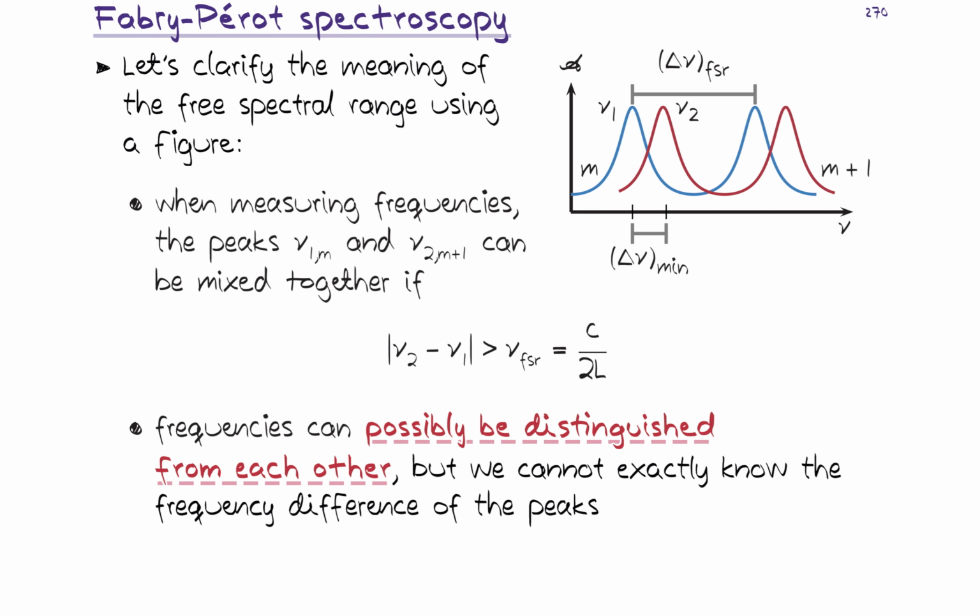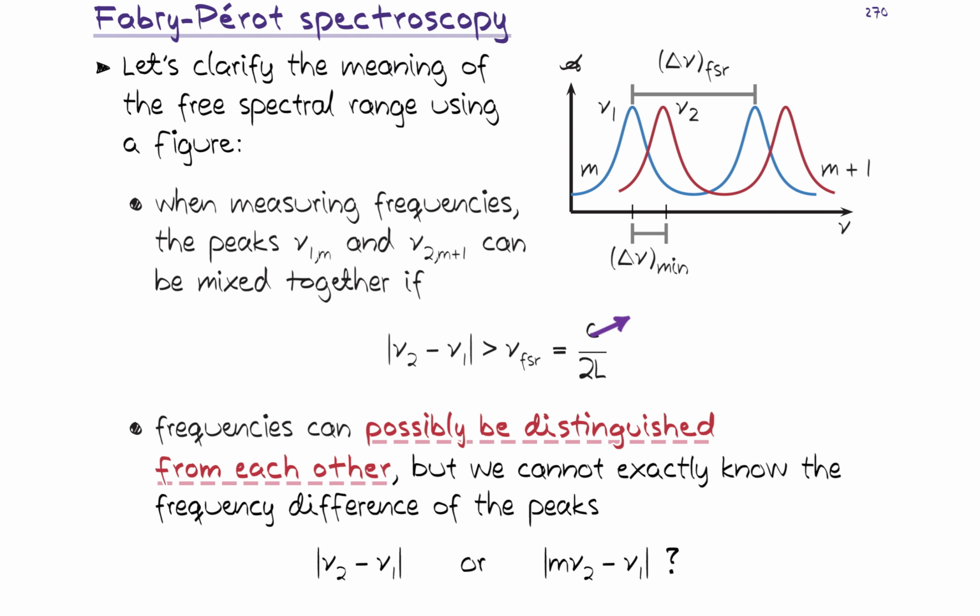And we cannot distinguish them anymore if their difference is larger than the free spectral range. So it boils down to this: we do not know whether the frequency difference is nu2 minus nu1, or m times nu2 minus nu1, or 2 times nu2 minus nu1. This is the trouble that we have, and this is ultimately limited by the free spectral range.